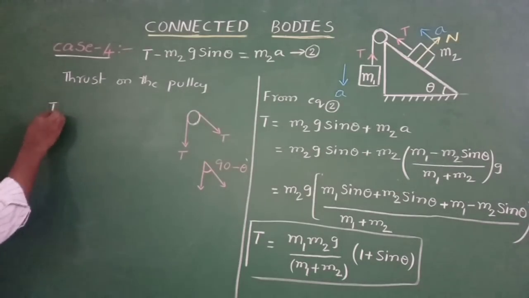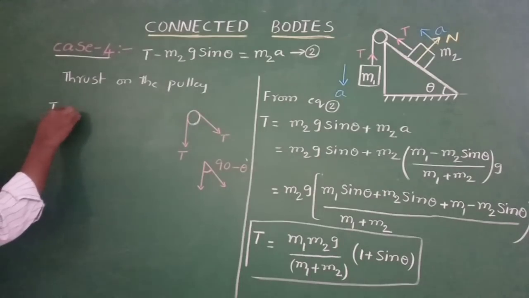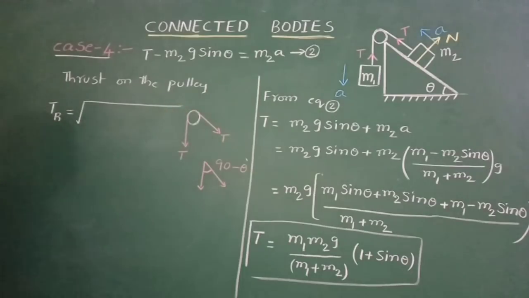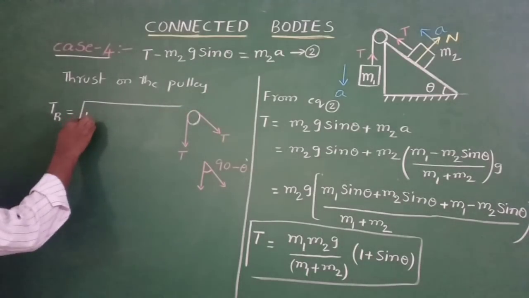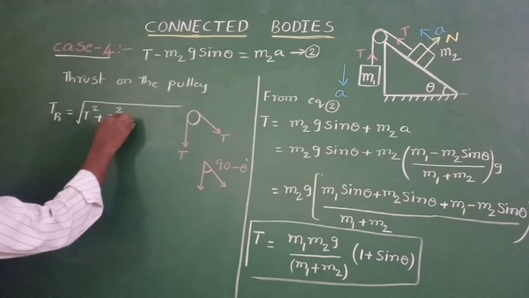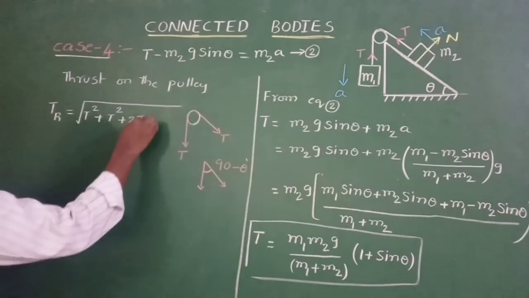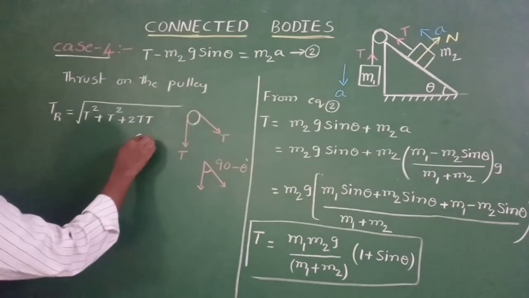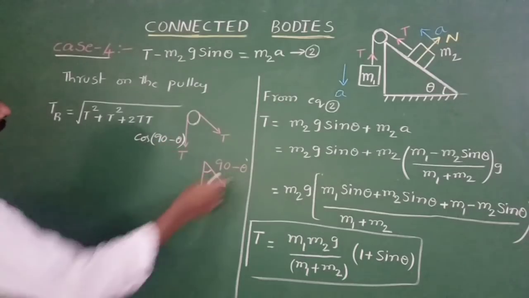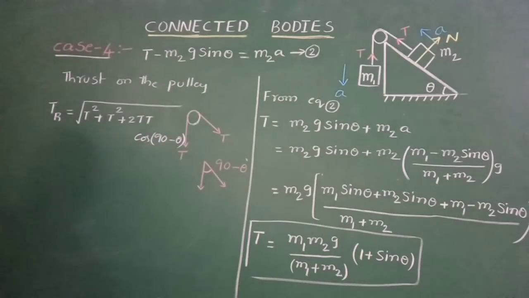So the resultant thrust, according to the law of cosines, is T square plus Q square plus 2PQ cos theta. From that, T square plus T square plus 2T square into cos (90 minus theta), because here the angle is 90 minus theta.